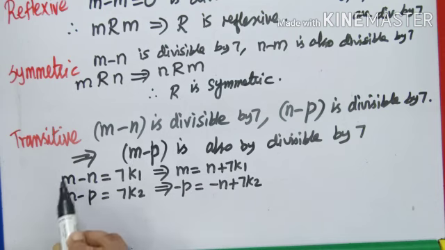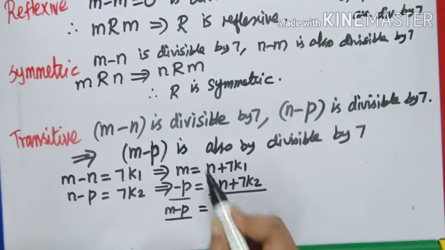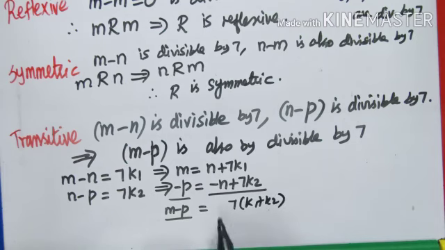So from here I found out m. From here I found out minus p. Now add it, m minus p equals, n and n will get cancelled, 7 is common, k1 plus k2. So 7 into some constants.